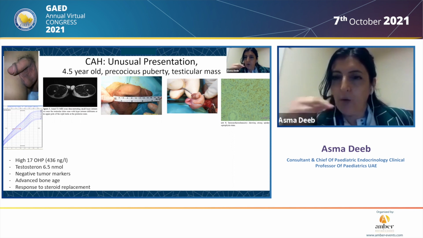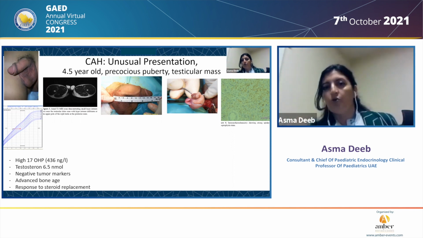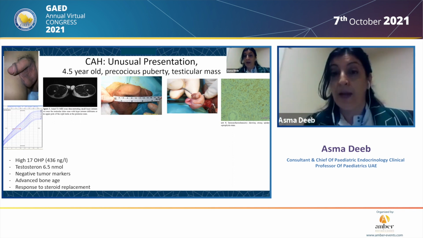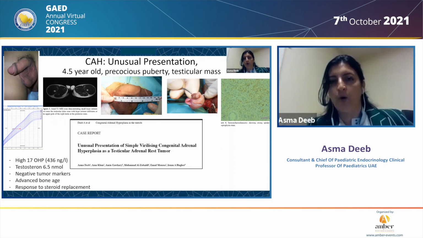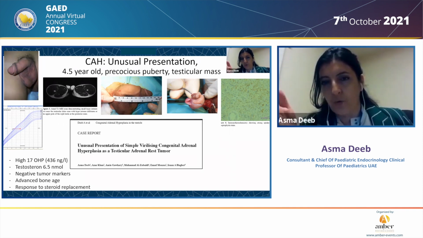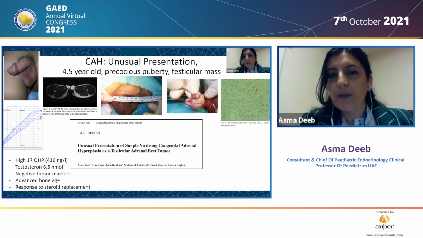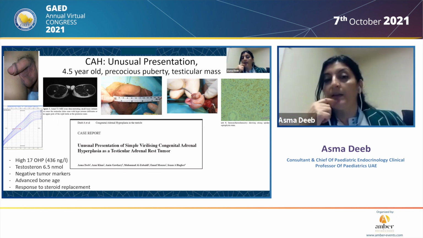So the idea was very much into testicular rest tumor rather than carcinoma of the testis or Leydig cell tumor. So we published this case as an unusual presentation of simple virilization due to testicular adrenal rest tumor.